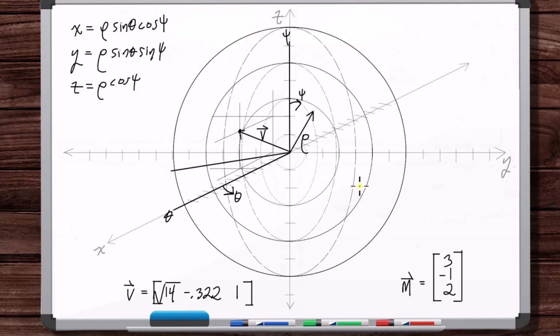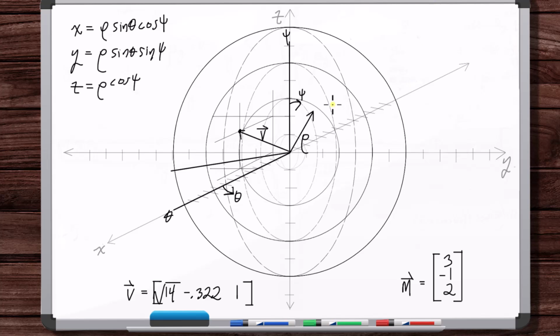You could still plot negative values for these coordinates in these systems. But in general, it's redundant to have a negative rho or a negative r or a psi that's less than 0 or greater than 180. But in this case, it doesn't matter, because 2 radians is about 115 degrees.